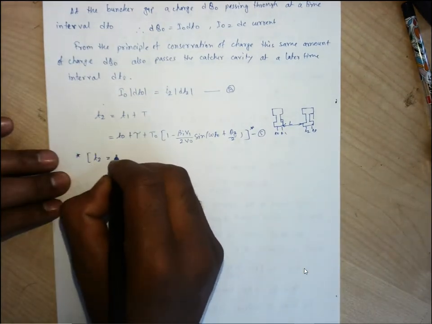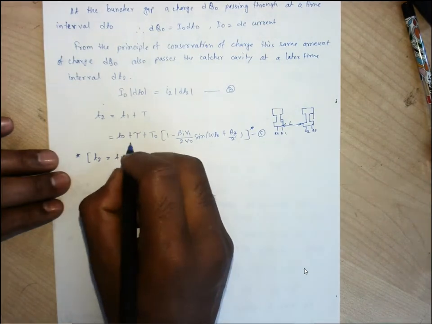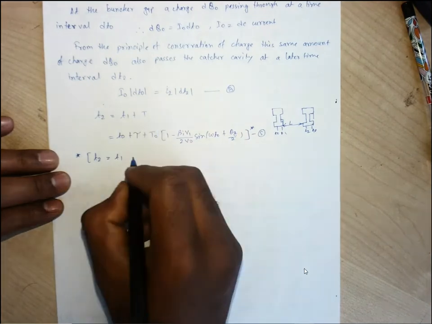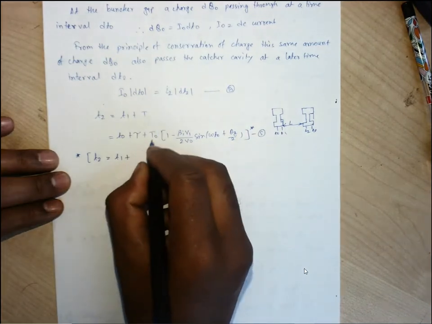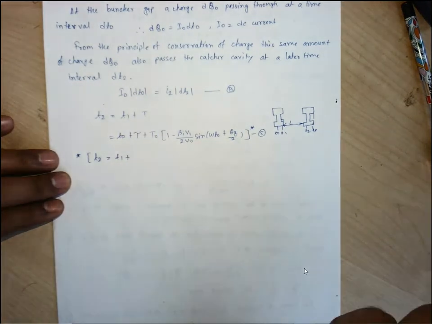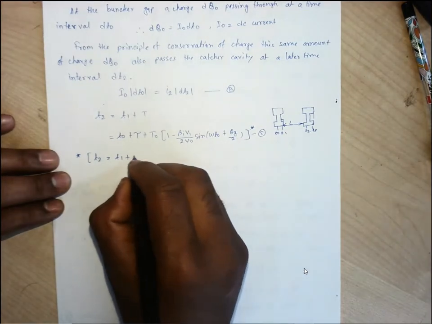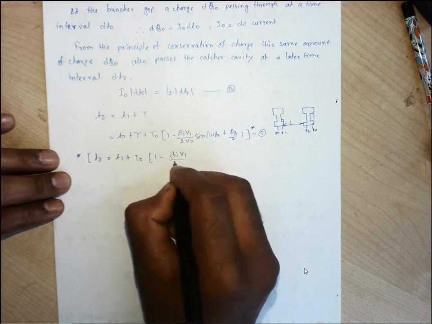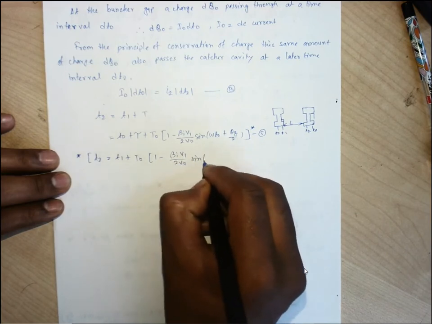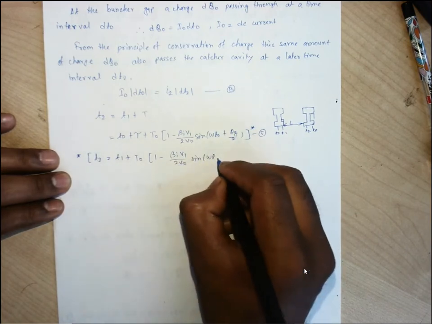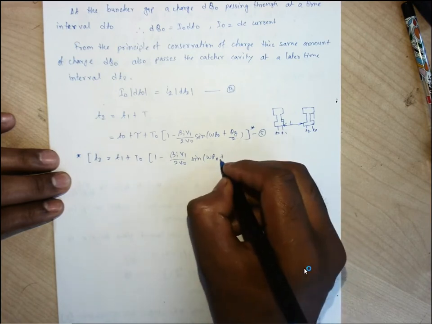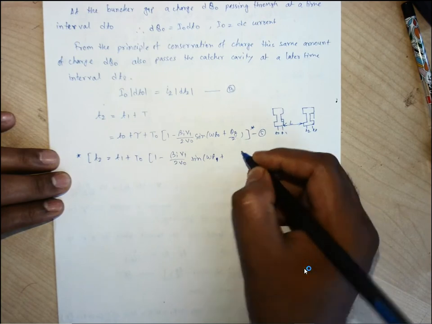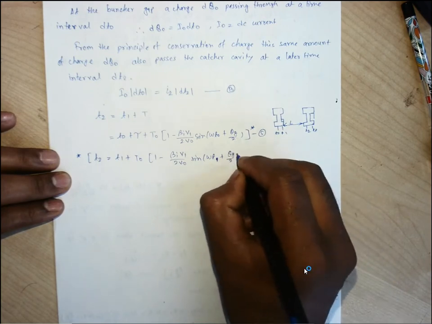T2 is equal to T1 plus T. So what is the expression of that T? T is the expression of this thing. So T1 plus, this is the expression for T, T naught into 1 minus beta i V1 by twice V naught sin of omega t naught, or we can write omega t1, plus theta g by 2.